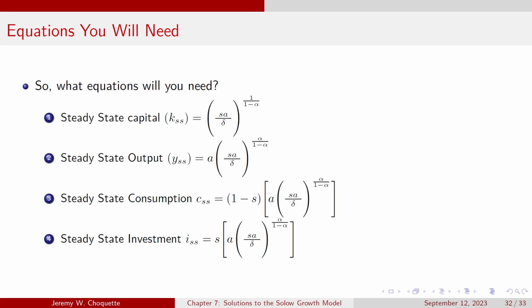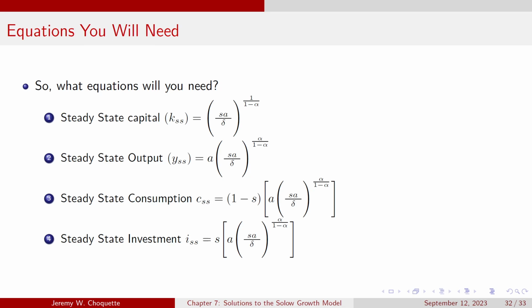Delta's in the denominator. Remember, with fractions, if anything in the denominator goes up, the value of that fraction is going to go down. So if delta gets larger, if depreciation increases, what does that mean for capital? Well, capital is going to be falling. Why does it fall?